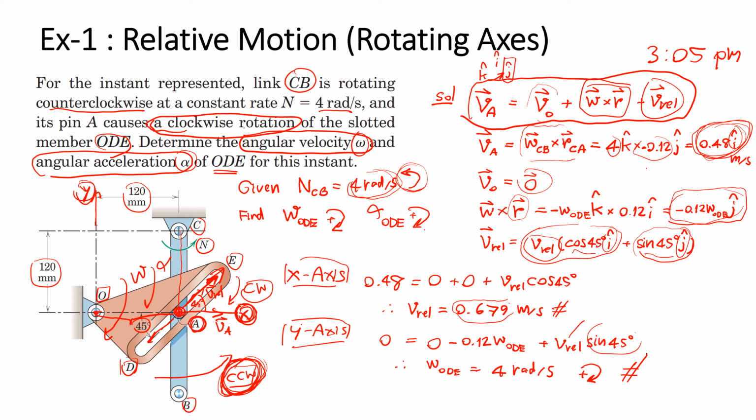If we want to answer as vector, the clockwise direction is going to be minus K. So now we obtain the omega of the part, and in the next step we need to solve for the angular acceleration, alpha.